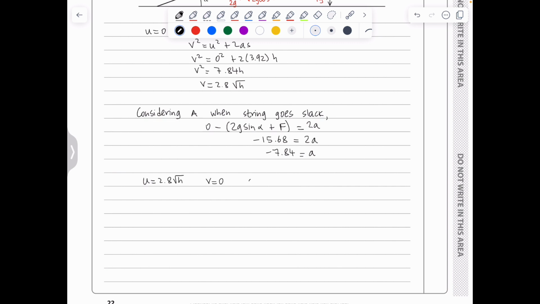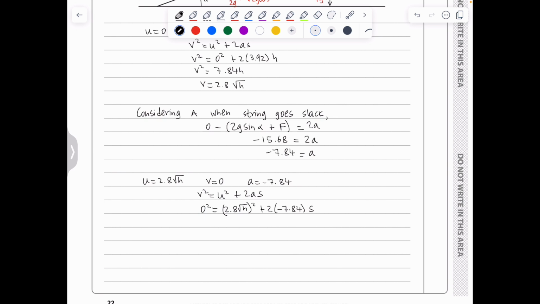The acceleration was found to be minus 7.84, and I could use v squared is u squared plus 2as. So 0 squared is 2.8 root h squared plus 2 times the minus 7.84 times the displacement s.